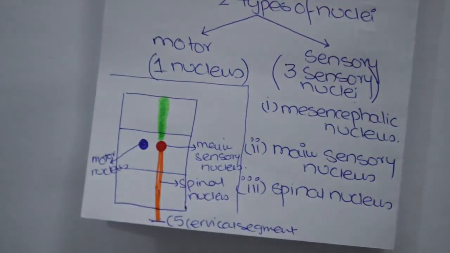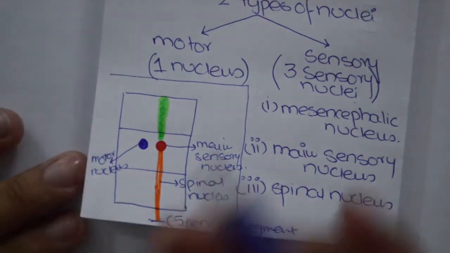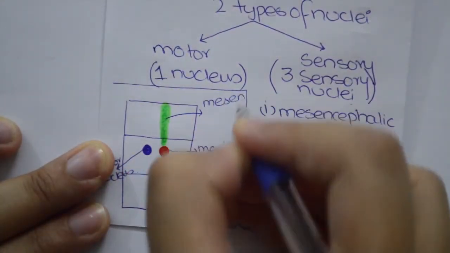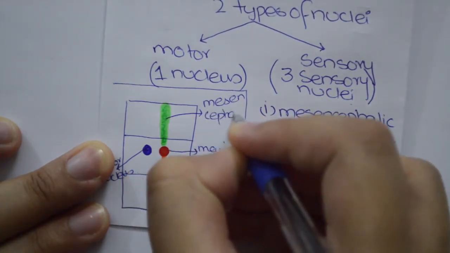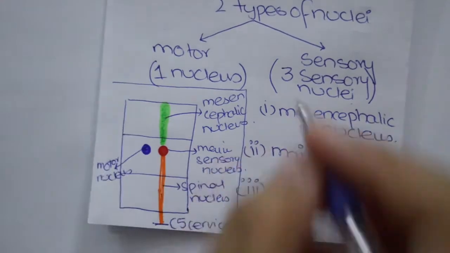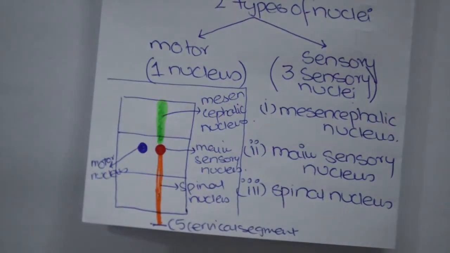It's in the pons, going towards the pons. This is the mesencephalic nucleus of the fifth cranial nerve. So this is how the fifth cranial nerve nuclei are arranged.